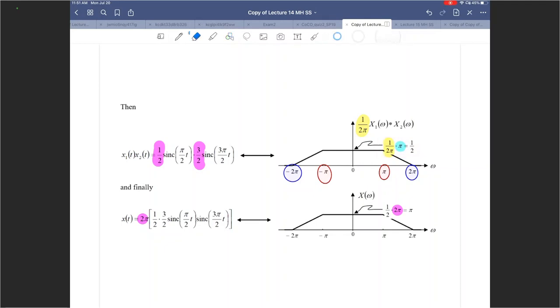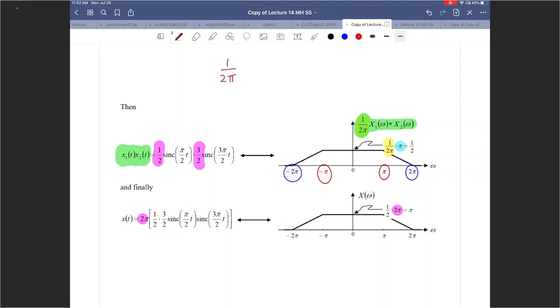The first piece is when I multiply the signals in the time domain, then the Fourier transform of that is going to be a convolution in the frequency domain, but there is also a factor 1 over 2 pi addition, right? There's additionally a 1 over 2 pi factor there. Okay, so that's where the 1 over 2 pi came from.